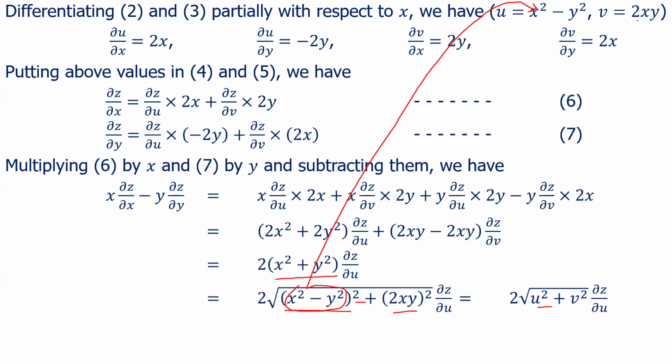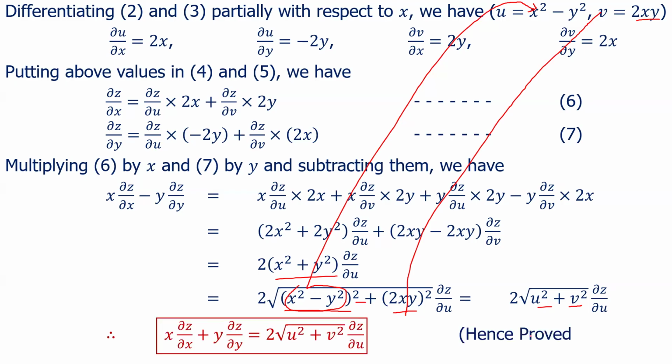Similarly, 2xy is nothing but v, and whole square, so it will become v square del z del u. So clearly x del z del x, this is minus sign, it is not plus, it comes plus by mistake, x del z del x minus y del z del y is equal to 2 times root over u square plus v square del z del v.